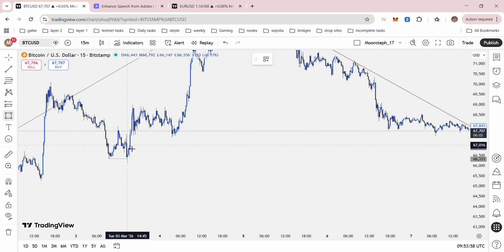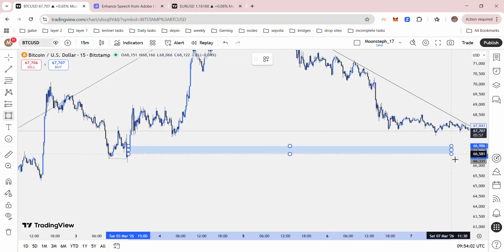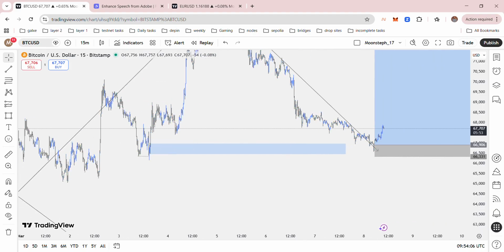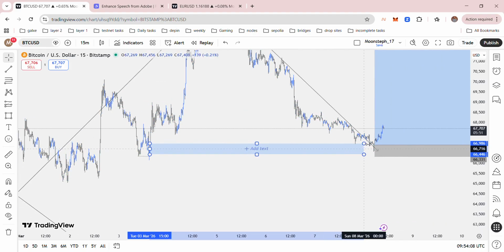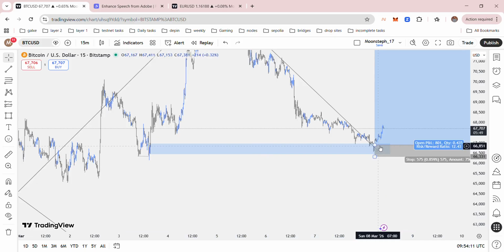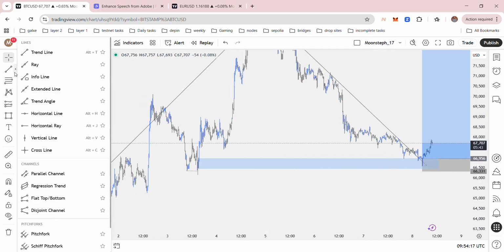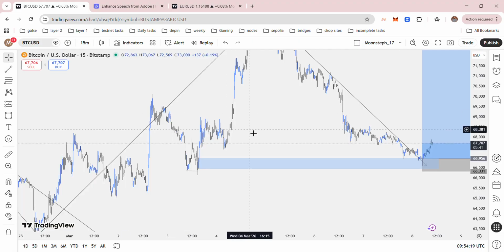I got an order block sitting right here that I expect price to make use of. So this was my precise entry on the trade. This is the first pullback that market made.